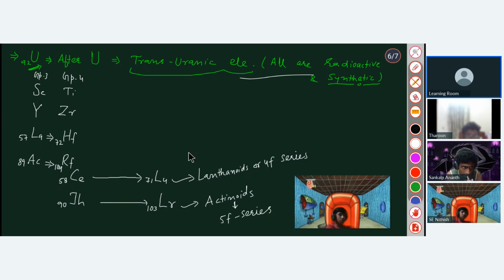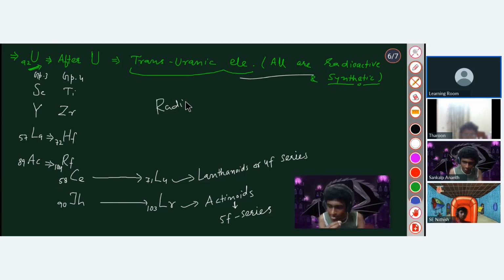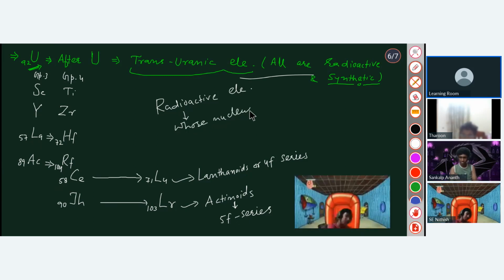Is hydrogen radioactive because it's flammable? Hydrogen is not radioactive. Sir, radioactive elements emit radioactive rays, right? Yes, a radioactive element is one which emits different types of radiation. Actually, a radioactive element is one whose nucleus is unstable.